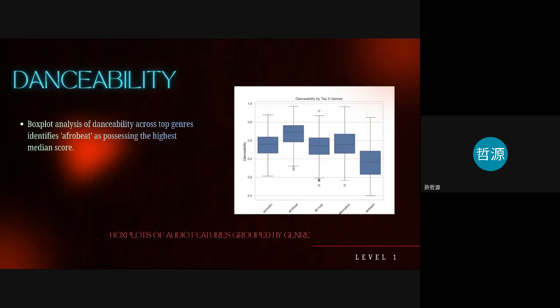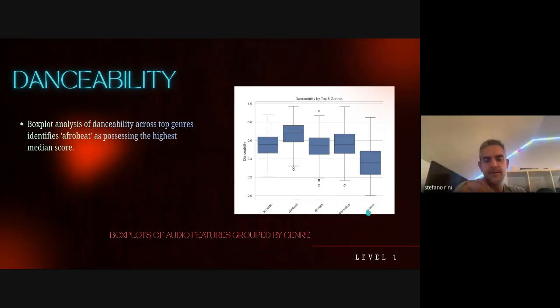Meanwhile, acoustic, old rock, and alternative are clustered in the middle, sharing very similar median scores of around 0.5855. You can also spot a few low scoring outliers represented by the little circles at the bottom.